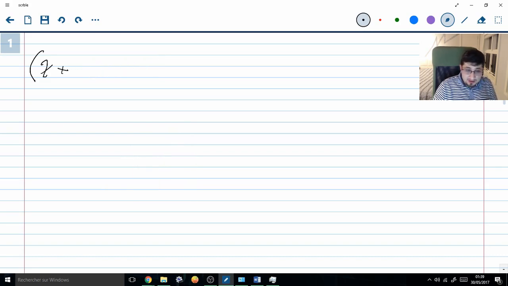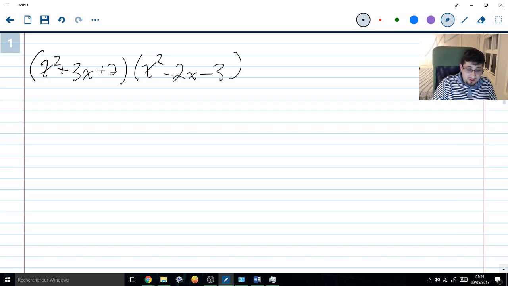For example, we can do something like x squared plus 3x plus 2 times x squared minus 2x minus 3. Now you could do the FOIL method, however, using a grid is much easier.